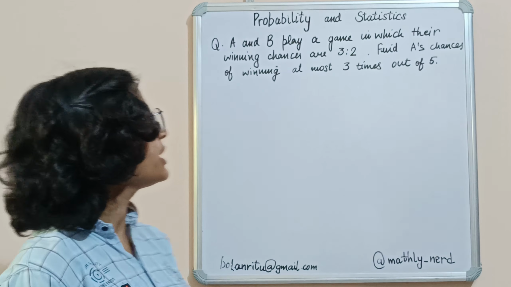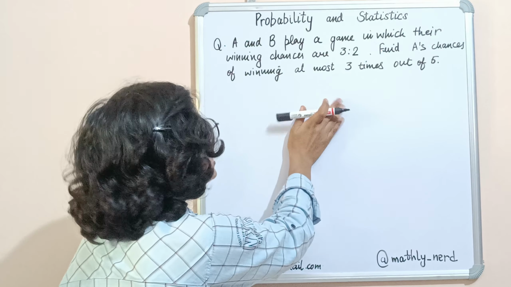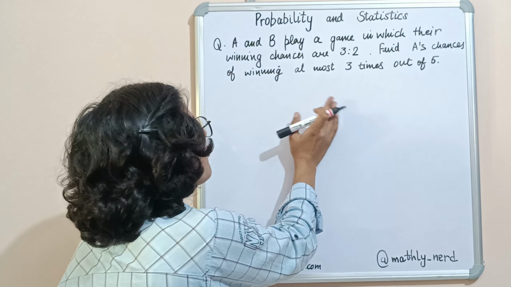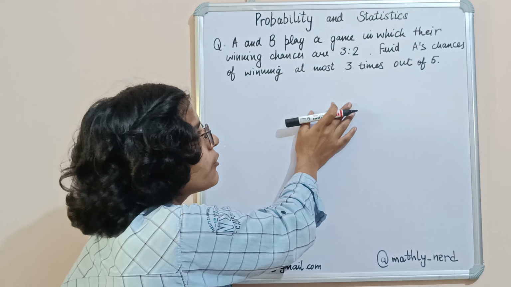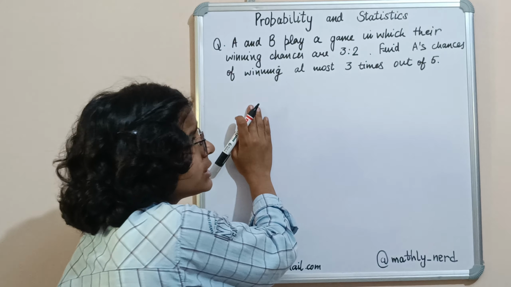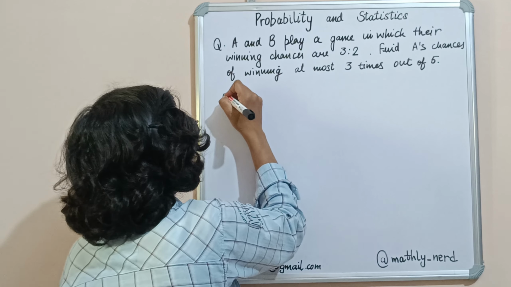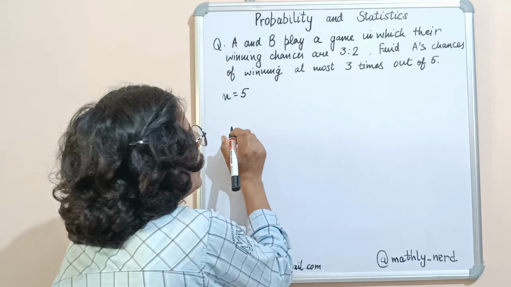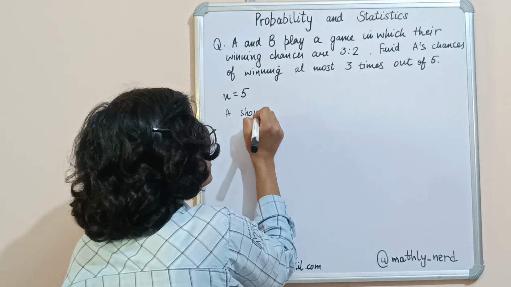Our next question is, A and B play a game in which their winning chances are 3:2. Find A's chance of winning at most 3 times out of 5. We have to find A's chance of winning at most 3 times out of 5. So our number of trials will be 5, and A should win at most 3 times.